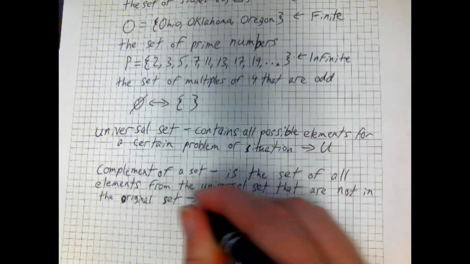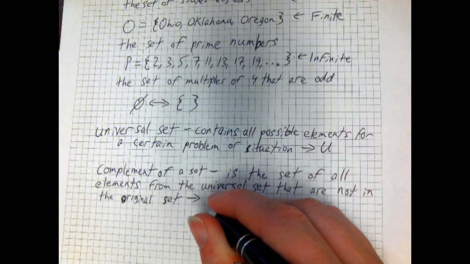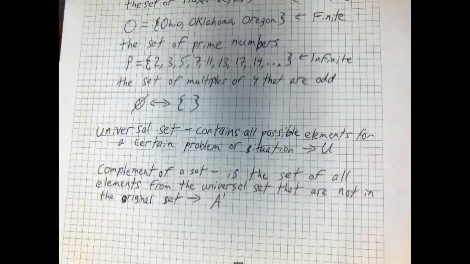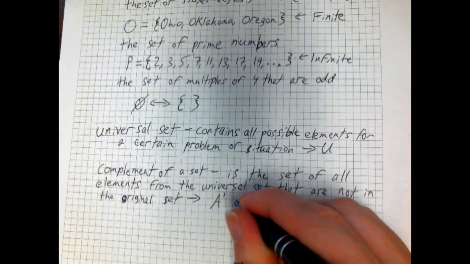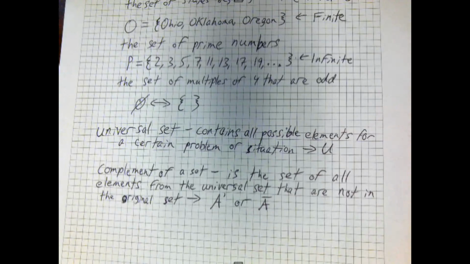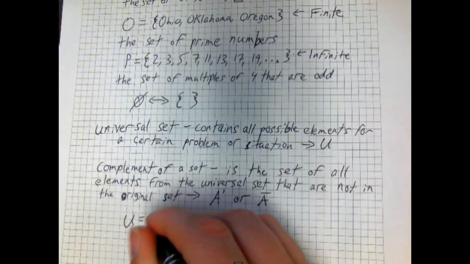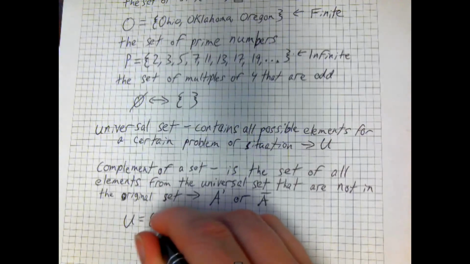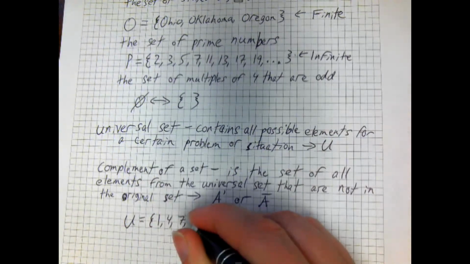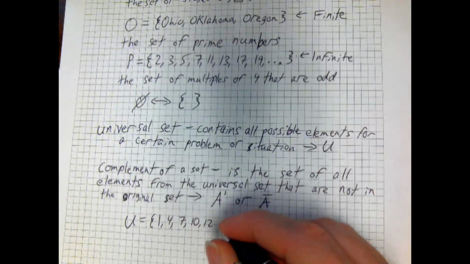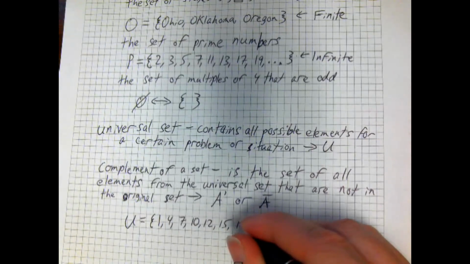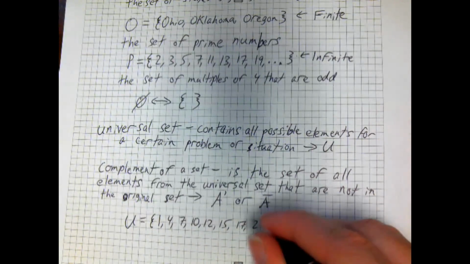And we write it as, like say we had set A, the complement of A would be like this, or like that. So if we had a universal set that was 1, 4, 7, 10, 12, 15, 17, 20.